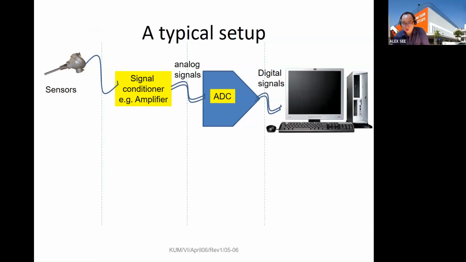So basically the key idea of this topic is to cover the ADC and DAC setup. You can see this is a typical overall system that you will see in any measurement system, be it the lab, or the industrial automation control system, or oil and gas or whatever.